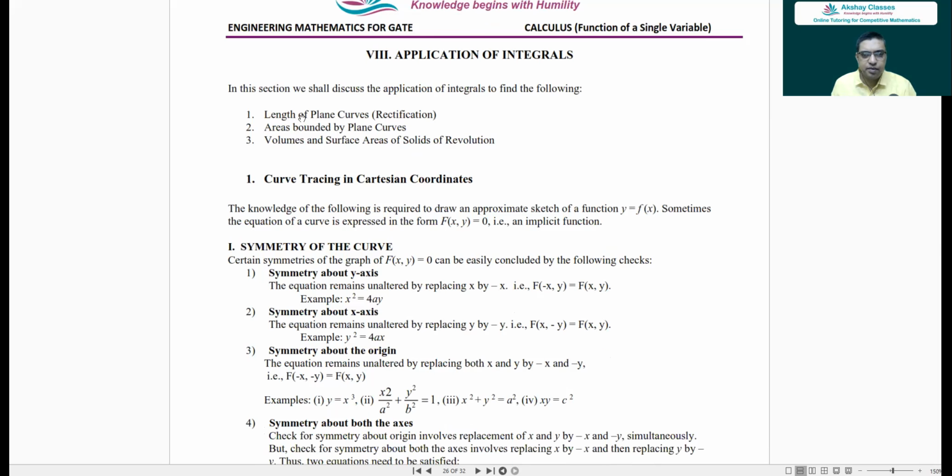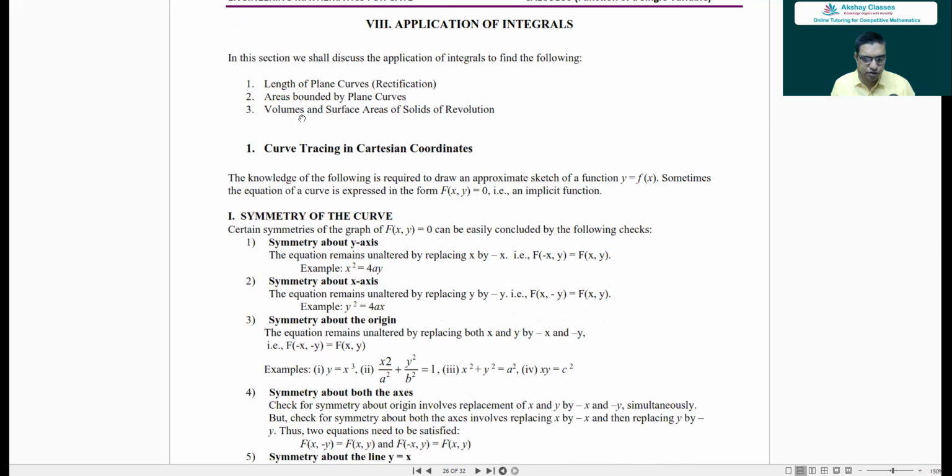But in this part, in functions of single variable, integrals are used for finding length of plane curves, that is called rectification, then area bounded by plane curves, and volumes and surface areas of solids of revolution. So these three applications are very, very useful in various problems in physics and engineering.